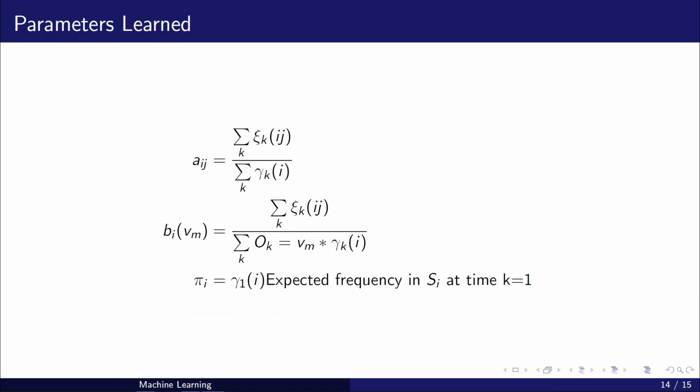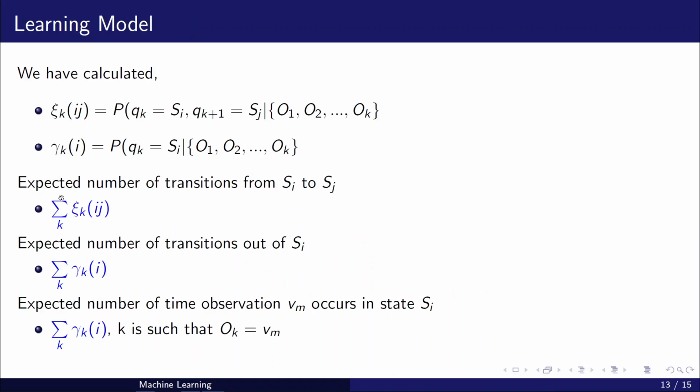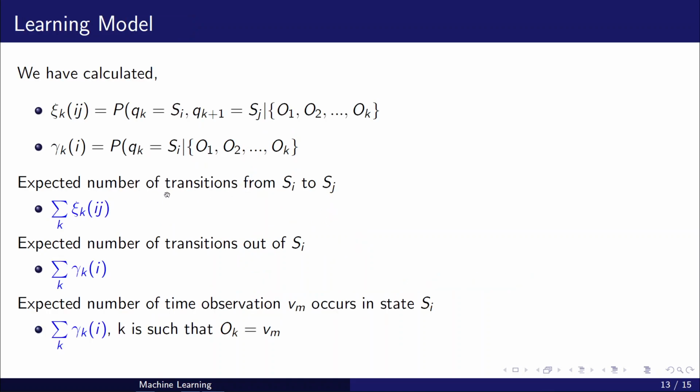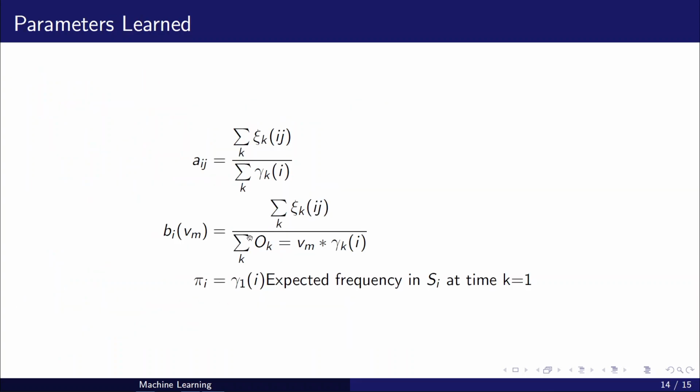So the parameters learned can be obtained like this: Aij is equal to sigma k psi kij divided by sigma k gamma ki. That is, this value divided by this value, we will get Aij. And Bi(Vm) is sigma k ok equal to Vm of gamma ki, divided by this value, that is, the expected number of times the observation Vm occurs at si.